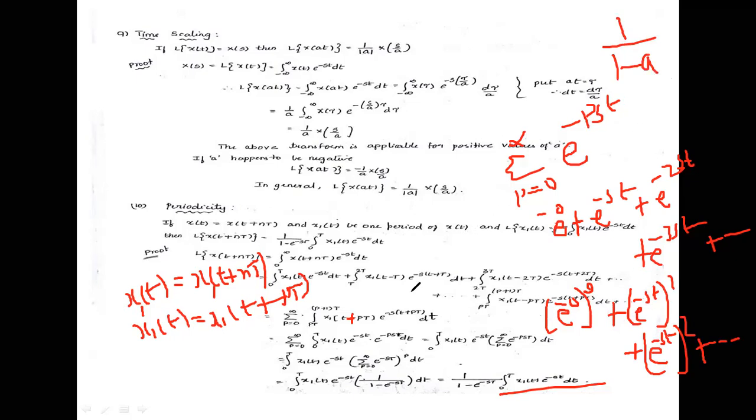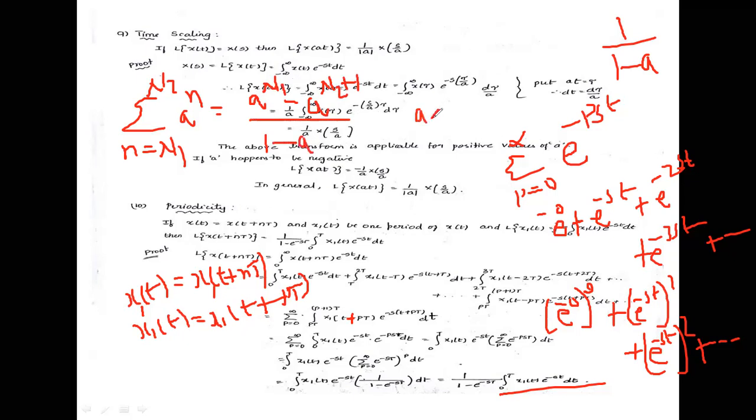It is e power minus st. I already told that the sum of a power n, for n equal to n1 to n2, is a power n1 minus a power n2 plus 1, whole divided by 1 minus a, where a is always less than 1 and n2 is greater than n1. This is the formula.